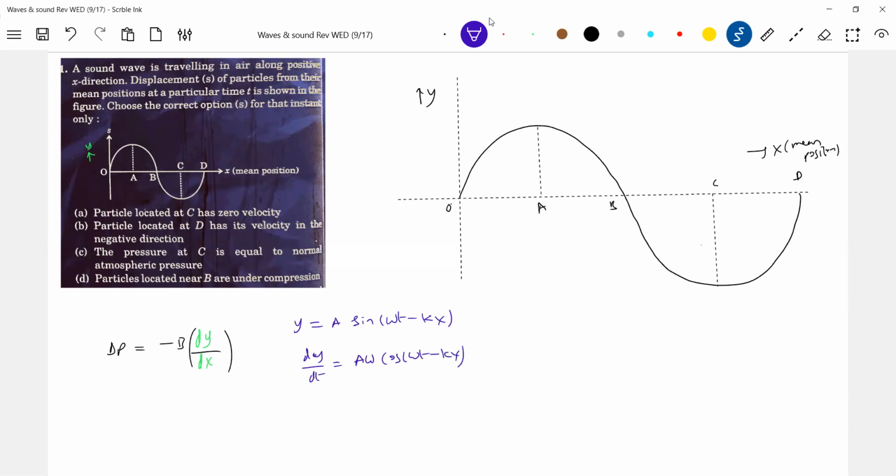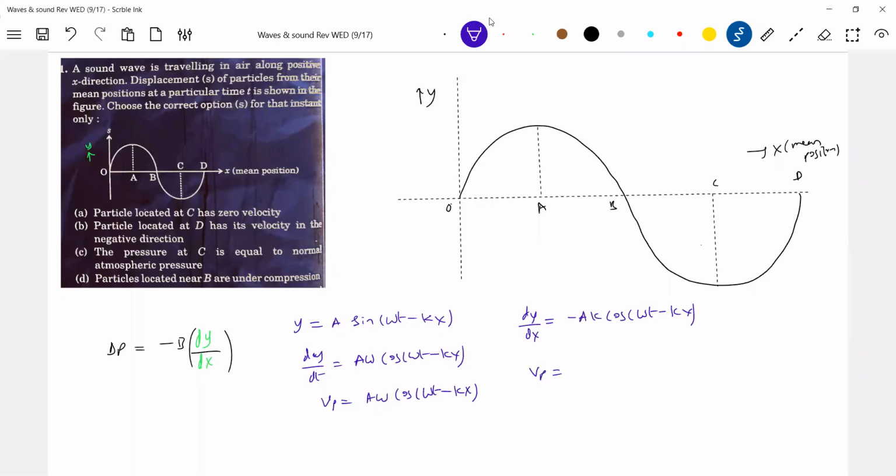If I differentiate this, dy by dx, I'll get minus ak cos of omega t minus kx. Okay, fine. So therefore I'll divide these two. Dy by dt is particle velocity, and dy by dx is nothing but slope. Let me divide these two.